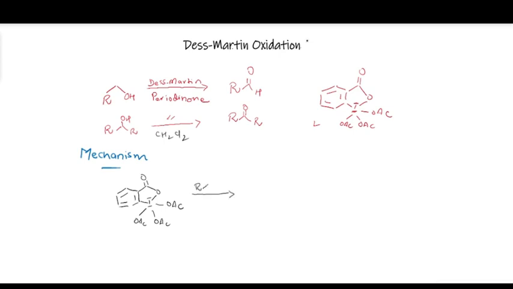The alcohol that is intended to be oxidized attacks the iodine, which removes one of the acetoxy groups from the reagent. And what we get as a result is this moiety.